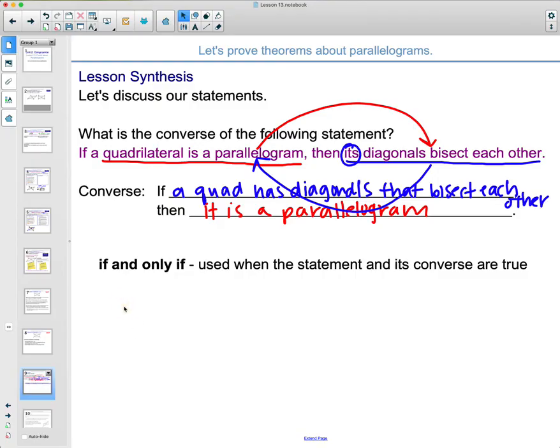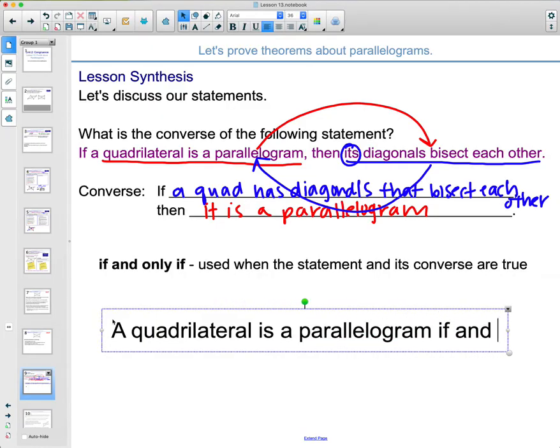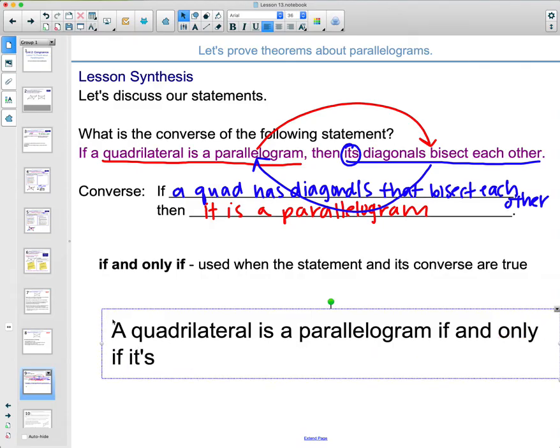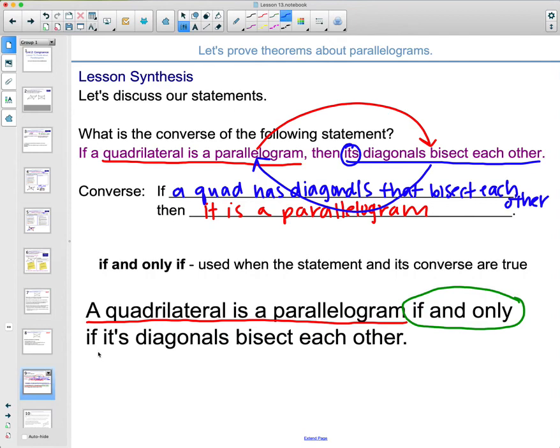So what we would do is take these two statements, what's underlined here, and say a quadrilateral is a parallelogram if and only if its diagonals bisect each other. Okay, so you see the two statements put together with if and only if in the middle.